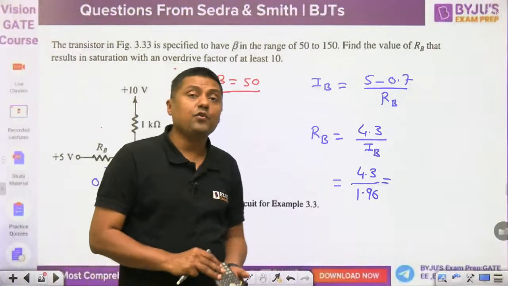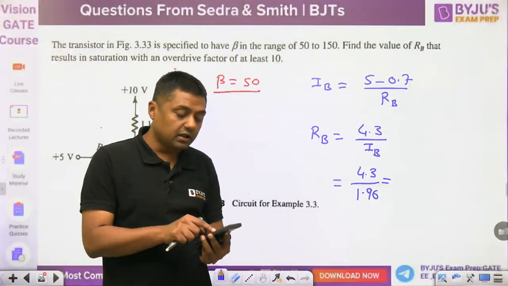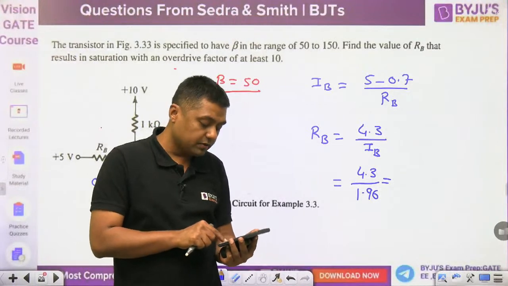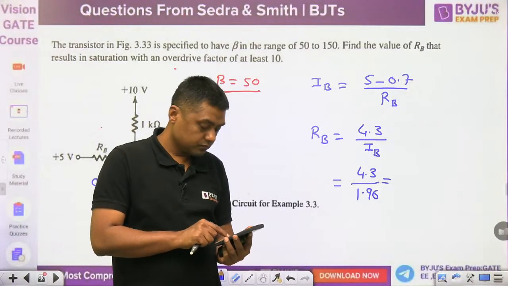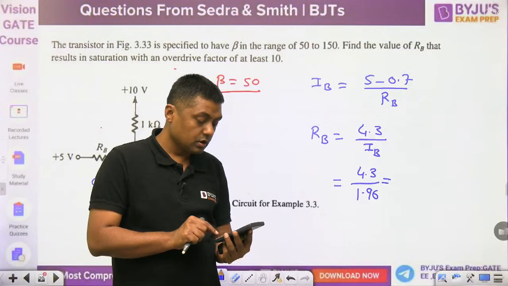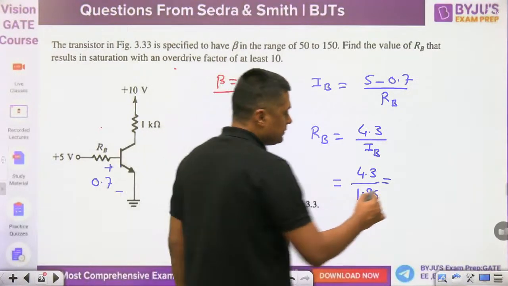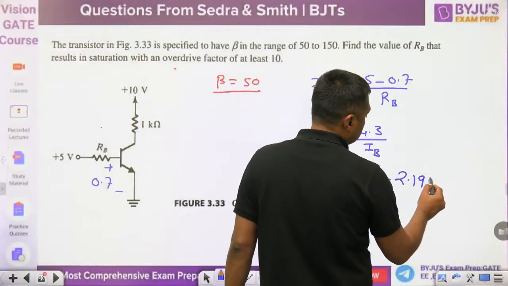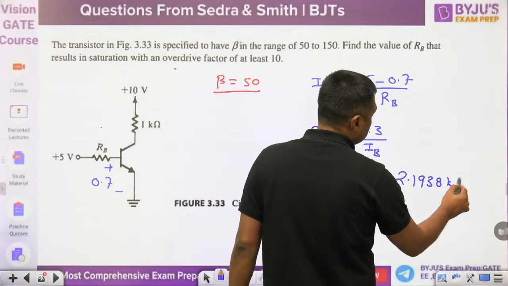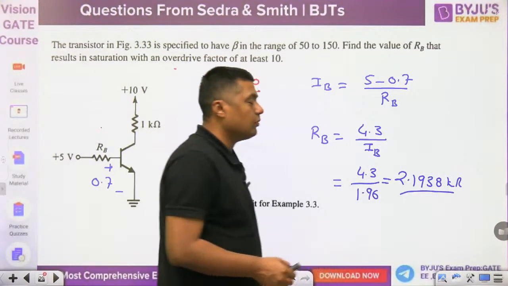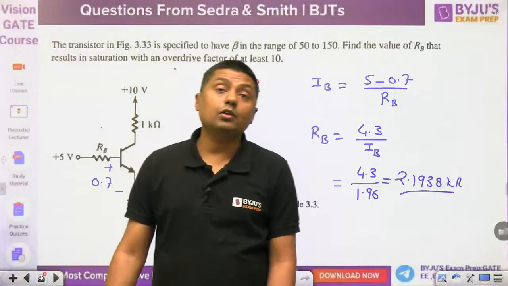Now tell me, even if you have no idea about the overdrive factor, this question is very easy. Can you solve it? So 2.1938 kilo, or you can say 2.2 kilo, more or less than that. So that is the value.